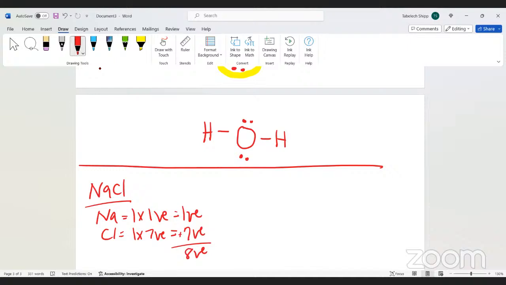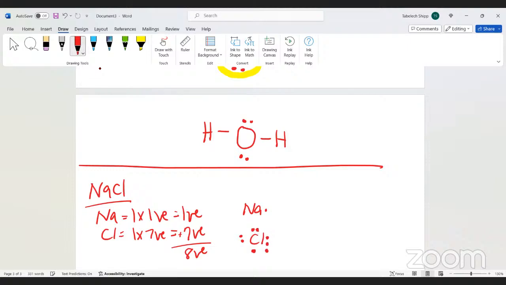Now, what are we going to do? Let's do the bookkeeping. You don't have to do this step. This is optional, but it just gives you an idea of what you're working with from the very beginning. Remember, chlorine comes in with 7, and that's why I drew 7 dots around it. Again, you're going to do either 1 individual dot or a pair, but you never do 3 side by side, okay?